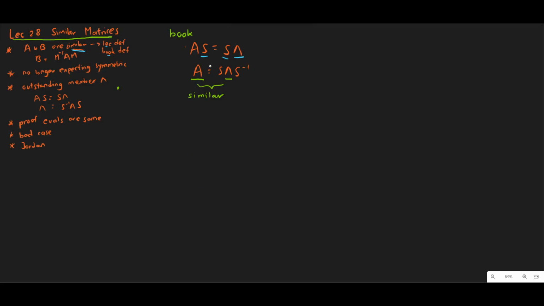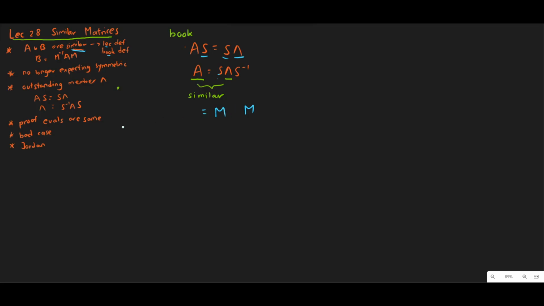Now, the first paragraph in the book mentions that you don't need to use the eigenvector matrix. You can use any arbitrary invertible matrix. Let me put a letter M there. In the book I believe it was B, but I'm using M so you can compare with what Professor Strang introduced in the lecture.